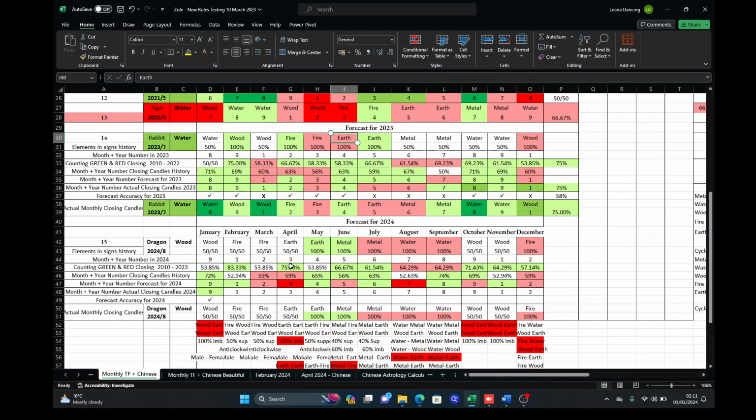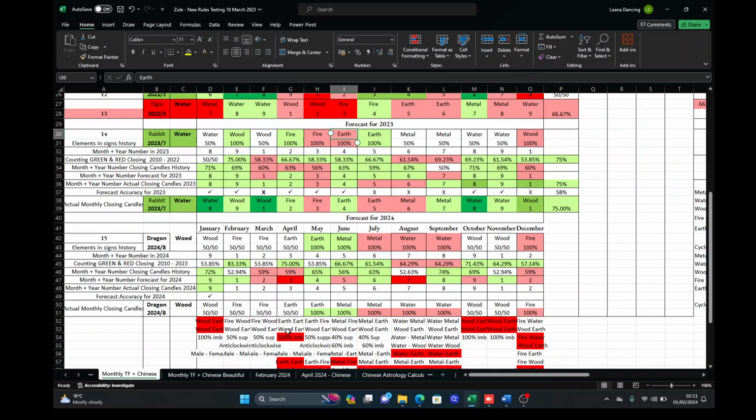It's quite a high number, but this is just one point which supports a green closure of the month. And then numerology says that it's going to be a red closure, and the earth element says it's going to be a red closure. So that is 2 points saying that it's going to be red.